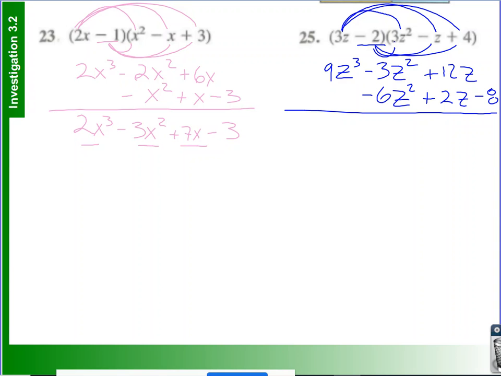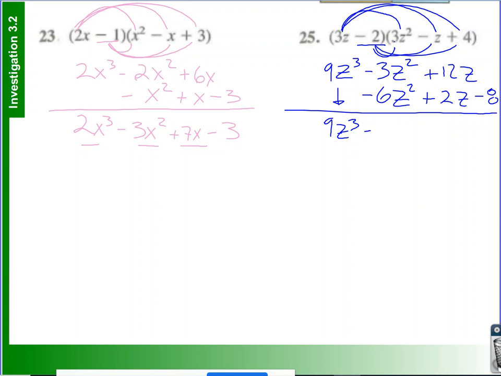And then once you combine them, you just drop down 9z to the third power. And then you subtract those. That's, I think, positive 3z squared. So negative 3 minus 6.